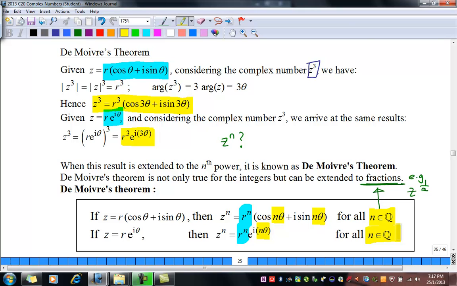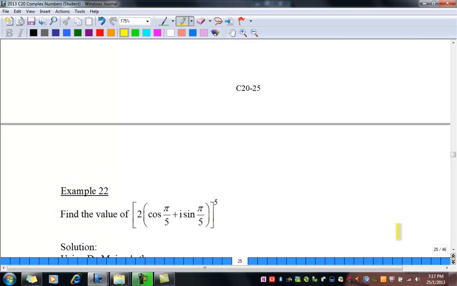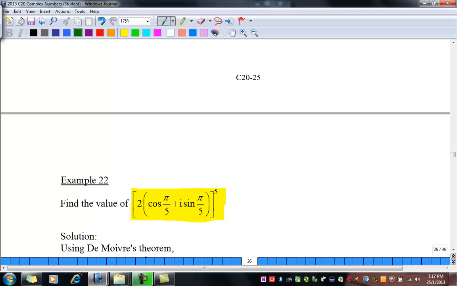So let us take a look at one very quick and simple application of De Moivre's theorem. Suppose I was asked to find the value of this expression, or to evaluate this expression. Well, by De Moivre's theorem, I will know that effectively if I were to raise a complex number z to the power of n, in polar form I will get r to the power of n cosine n theta plus i sine n theta.